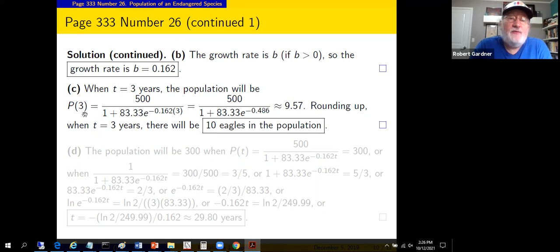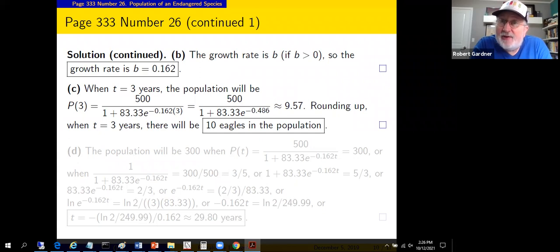And at P of 3, we get 500 over 1 plus 83.33 e to the negative 0.162 times 3. Simplifying a little bit, negative 0.162 times 3 is negative 0.486. Beyond that, I'll just rely on the calculator. It will tell me that's approximately 9.57.